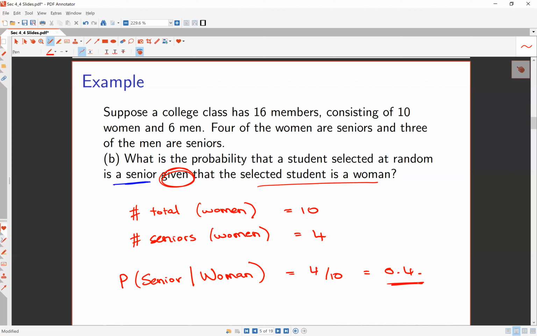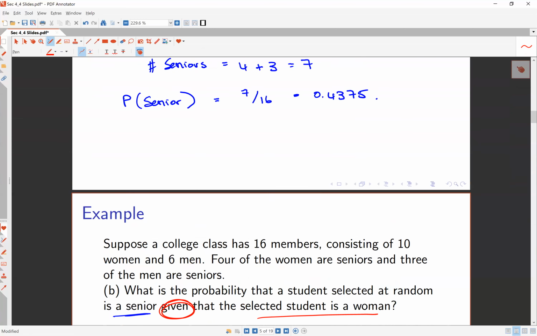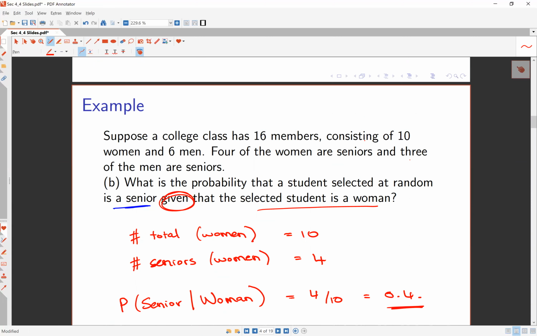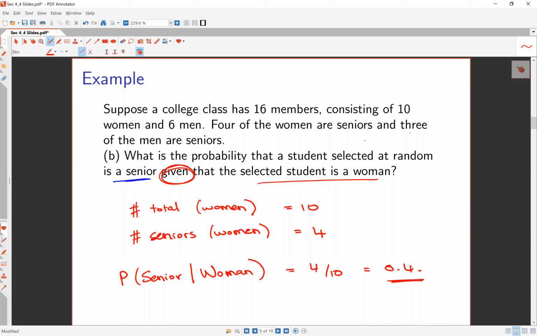So you can see by adding the information, knowing that the student is a woman, my probability changed. Without the conditioning, it was 0.4375. With the conditioning, it's 0.4. So I added an extra bit of information. In the first example, we didn't know anything about the gender of the student.